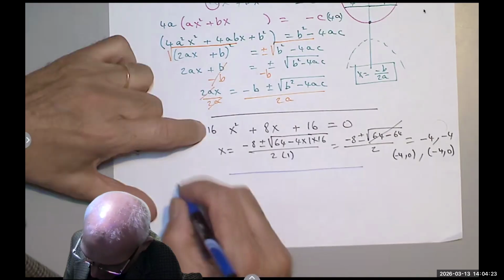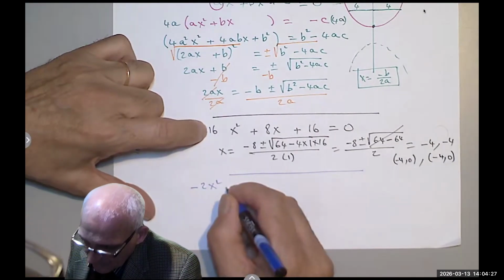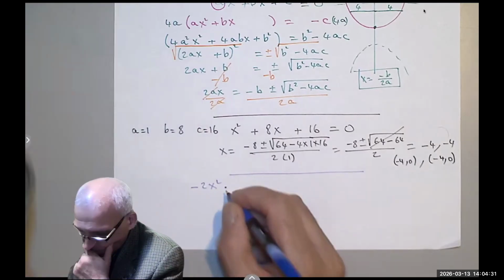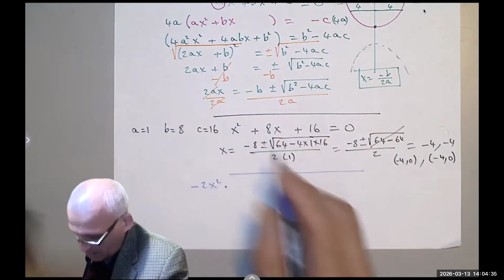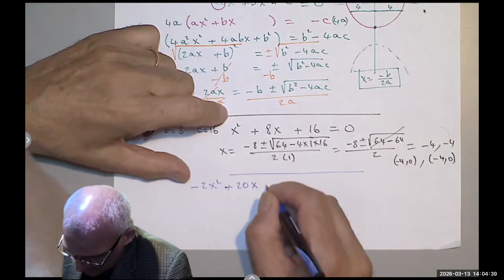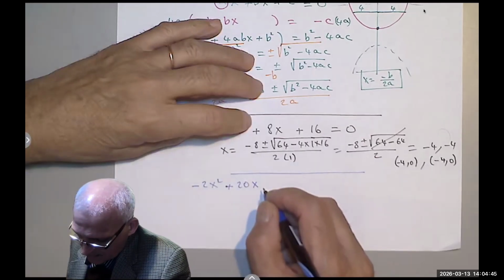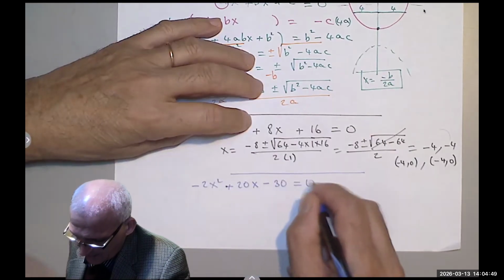Now let's have another equation. Negative 2x squared plus maybe 20x minus 30 equals 0.